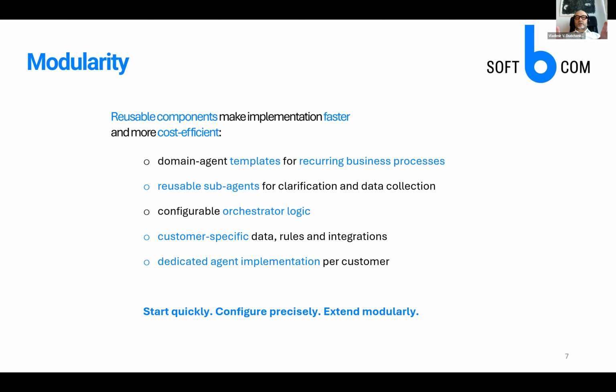So the resulting agent system is customer specific and is used only by that customer and for his implementation. If a new reusable template is needed, we create it as part of the implementation approach, subject to scope and availability of our developers. Once it exists, it can accelerate future projects as well.